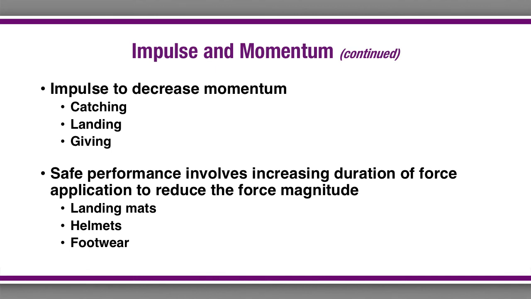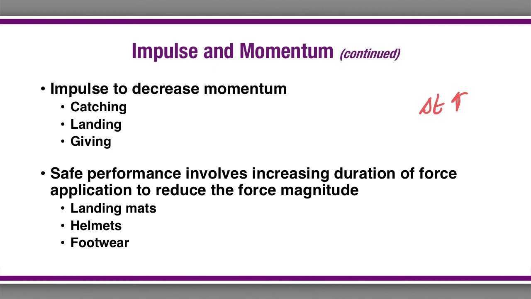So by increasing the duration of the application of the impact force, or increasing delta t, the impact time, we will decrease the average impact force. So, sorry about that.